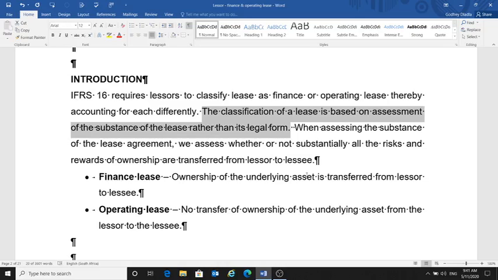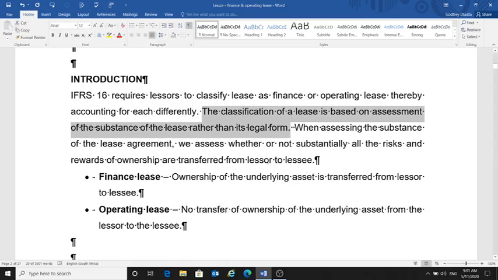They've never driven the car. So in substance, the owner, according to accounting, of the car is the lessee in that instance. But legally, until you make the last payment, the bank is the owner. But accounting does not report on the legal part. They report on the economic substance of a transaction.